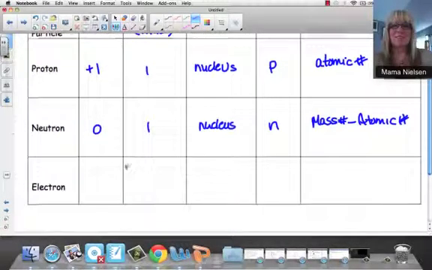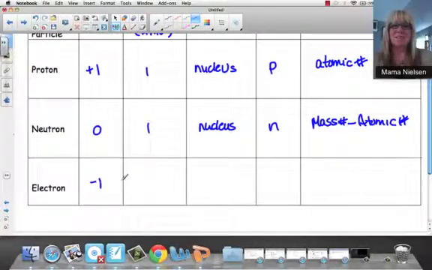And the electron has a -1 charge, and its mass is 1 over 1836. So basically the mass is negligible.